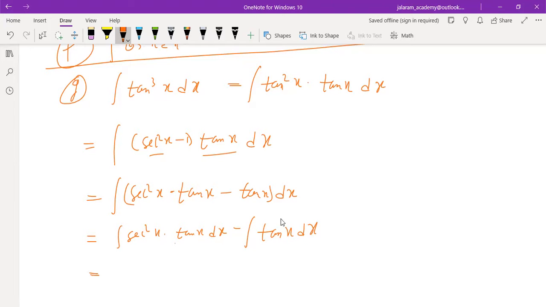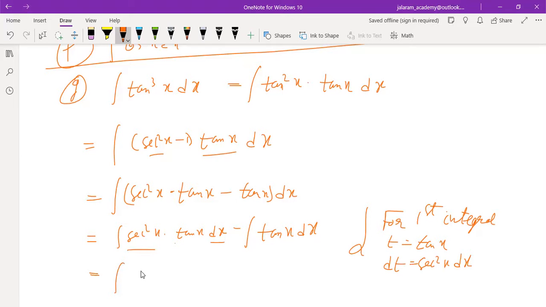And how to integrate this? For the first integral only, we substitute t equals tan x. So dt equals sec square x dx, so sec square x dx becomes dt, and tan x is substituted as t. So it is t dt minus the integration of tan x, which can be written directly as log sec x plus c.